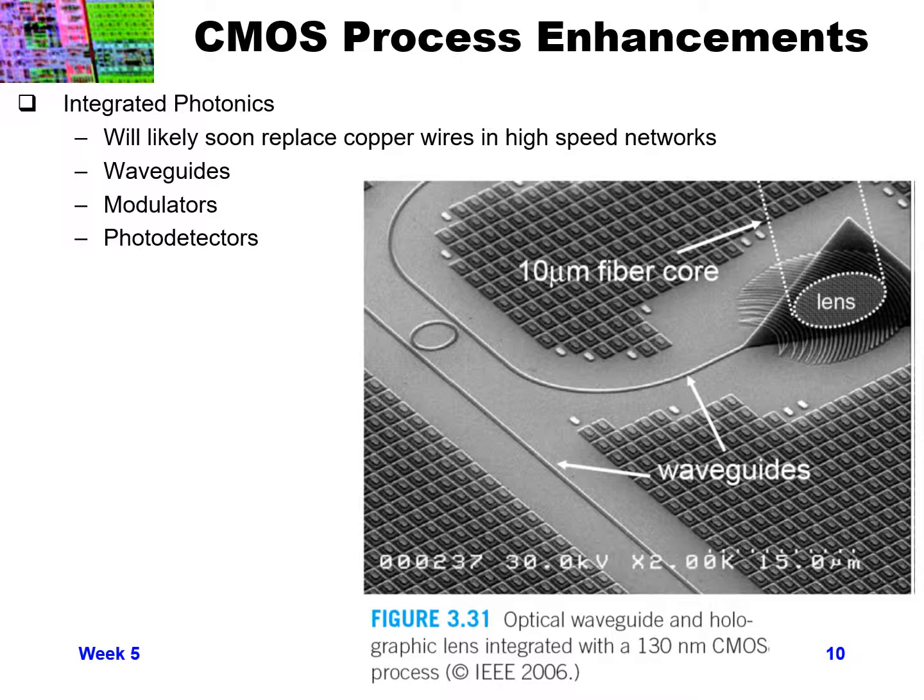Now, it's still not something that's really common, but integrating photonics into normal CMOS process technology is very desirable because wires have resistance, whereas light can obviously go much faster.